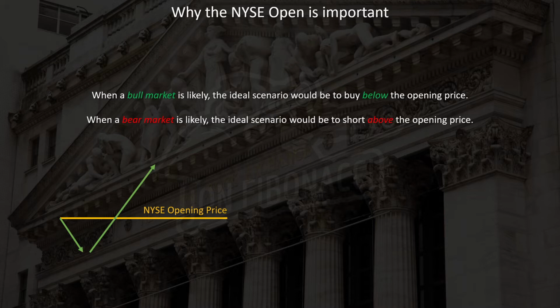Now obviously there's a lot more that goes into that, and we'll discuss that a little bit towards the end of the video as well. But for sake of keeping it simple and giving you the general idea, this is what the idea is. And sometimes actually the market does do exactly this, just like you see it in this image where it'll trade lower and then trade higher for the rest of the day or for the rest of the morning session, which is amazing, but you're not going to get that every day.